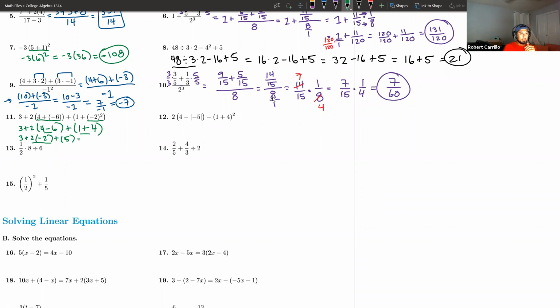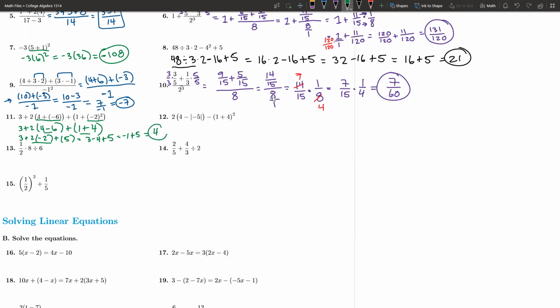And we can finish this thing up. 2 times 2 becomes negative 4. So it becomes 3 minus 4 plus 5. What is 3 minus 4? Negative 1. Negative 1 plus 5 gives me 4. There you go.